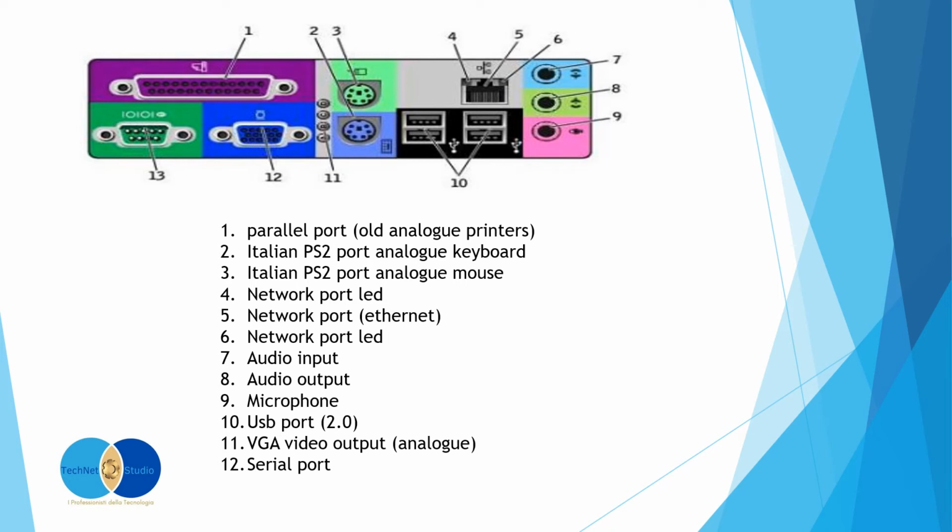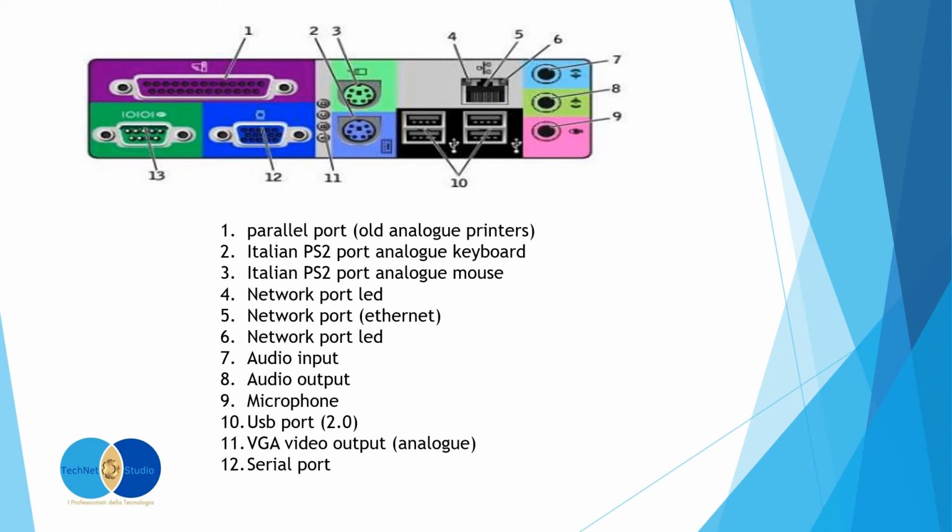The third one is the Italian PS2 port for the mouse. The fourth and the fifth are the network port LED and a network port for Ethernet. The sixth is the network port LED. The 7th and 8th are audio input and audio output, to which we can connect, for example, speakers.